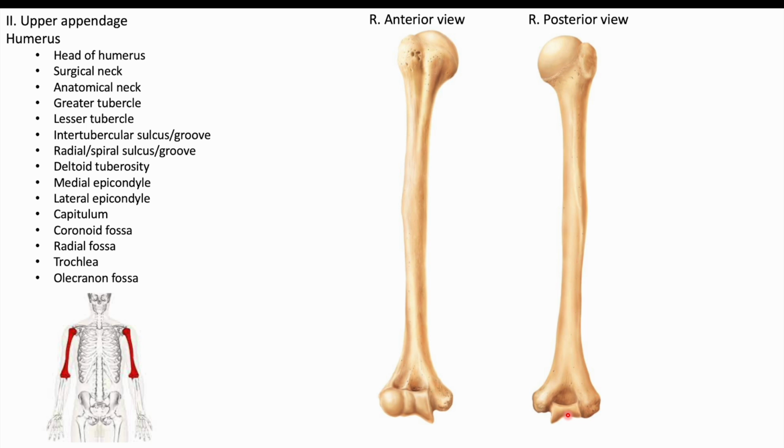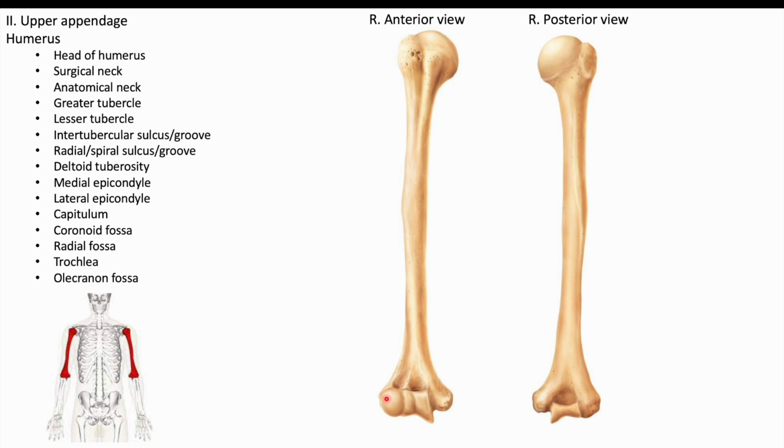The trochlea forms a hinge joint where your elbow is going to attach. And then on the lateral side, you have this rounded portion. This right here is called the capitulum. The capitulum is the other head of the humerus. So you have the main head on the top, and then you have the capitulum right here in the distal view.